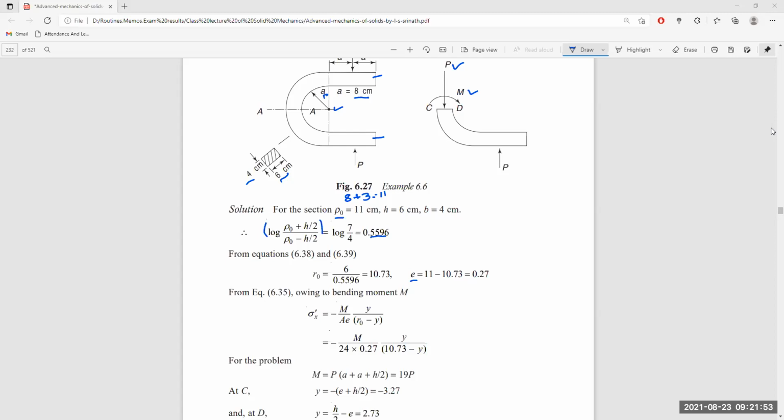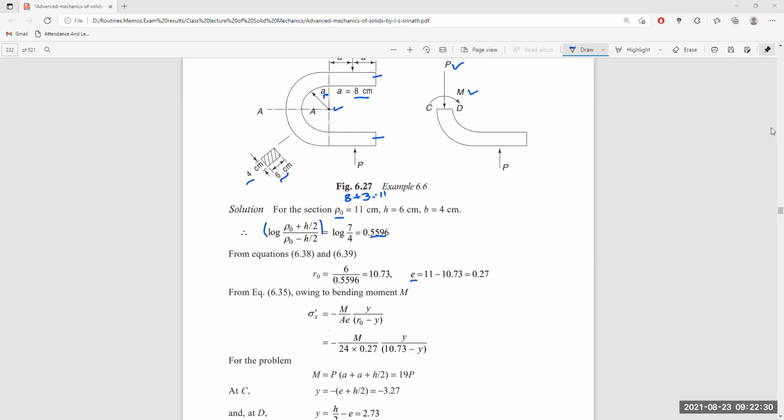Here M is the bending moment induced in the beam itself, A is the cross-sectional area, E is the distance between the neutral axis and central axis, and y is the distance of the strip whose flexural stress we want to find, and R0 minus y is the distance of the neutral axis to that fiber itself.